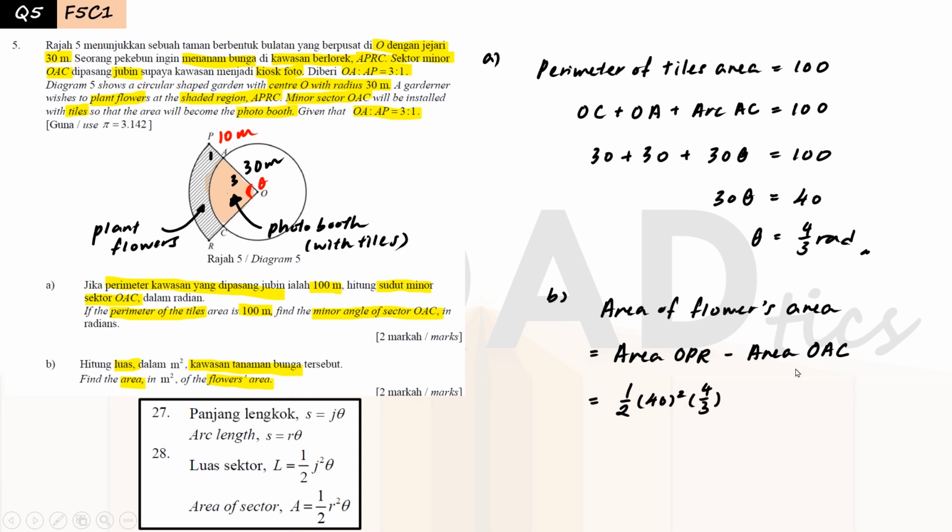It's similar for area OAC as well: 1/2 multiplied with the radius of the smaller sector, which is 30, squared, multiplied with theta, which is 4/3. Then I minus these two values together to find the answer.